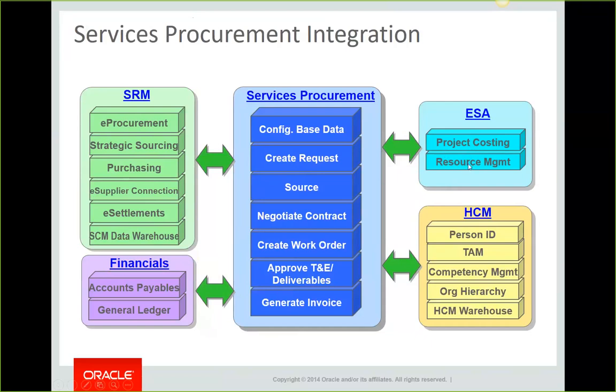Resource management is there for you to look for skilled labor that is part of your existing employee base. If you can't find someone, you can initiate a request over in services procurement to bring those people on. And then, of course, there's the financial section because that's how we're going to do our billing. And then there's also some HCM integration to bring in things like the organizational hierarchy and person information, etc.